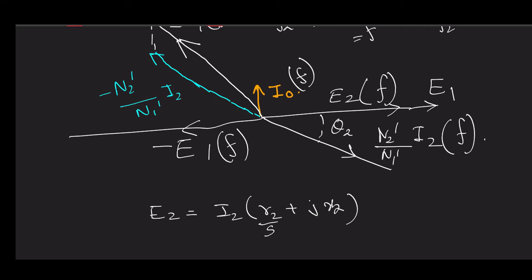Fine. If we divide both sides by S, what advantage does it give us? In terms of phasor diagram, we can draw this like this. This side will be I2 R2 by S, this N2.